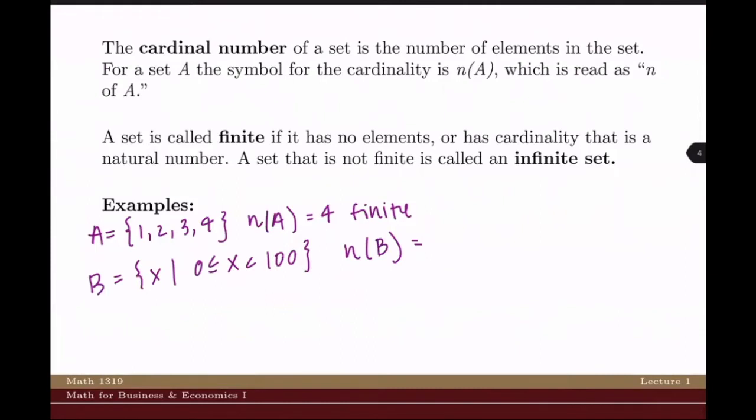So we're including numbers 1 through 99 and we're also including 0. That means the number of elements in B would be 100 because you have to count the number 0 as an element. Does that make sense? Also a finite set.